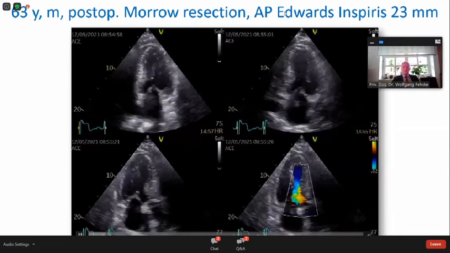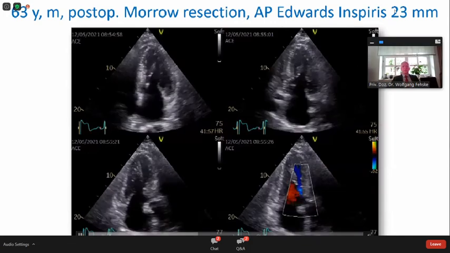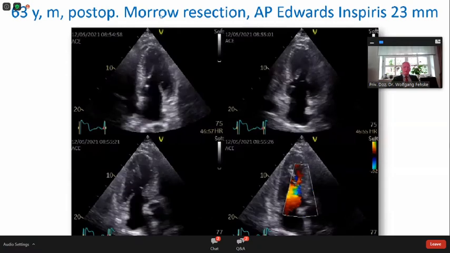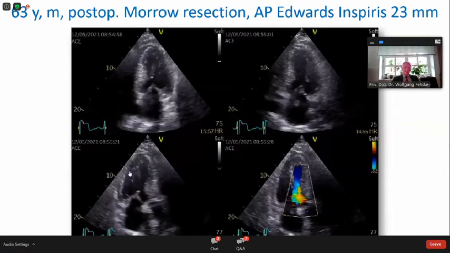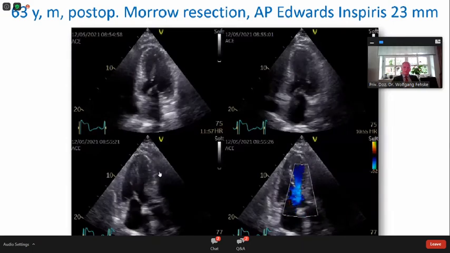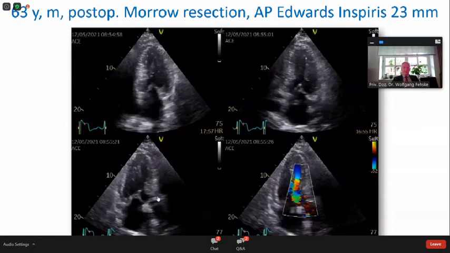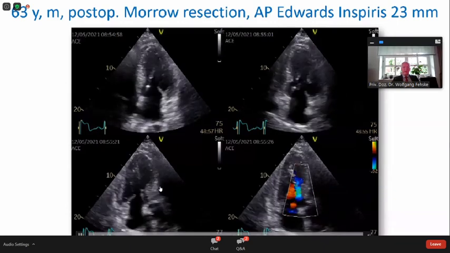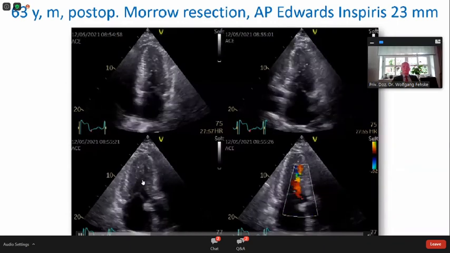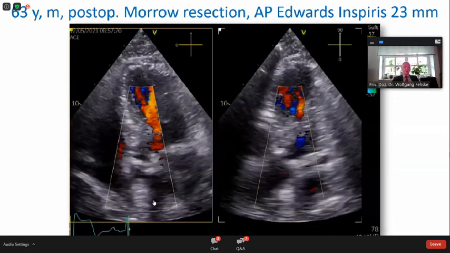And this is a typical case of all those patients whom we are treating with aortic stenosis and typically heart failure with preserved ejection fraction, with small ventricles and subvalvular narrowing. And it is very difficult to get the outflow velocity profile in the subvalvular area.